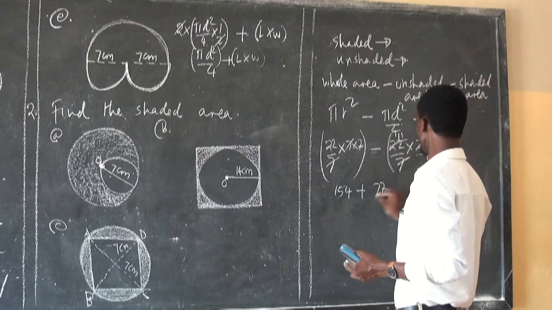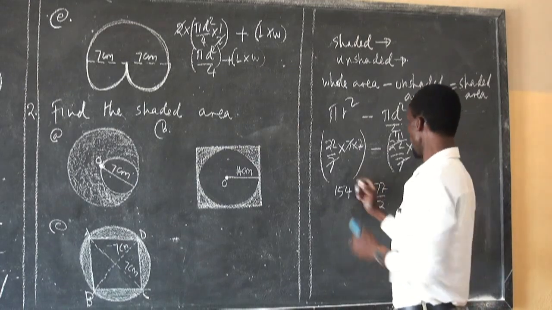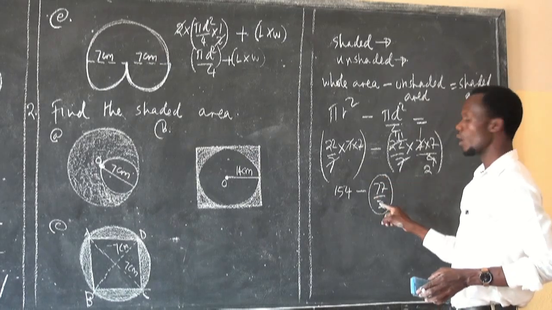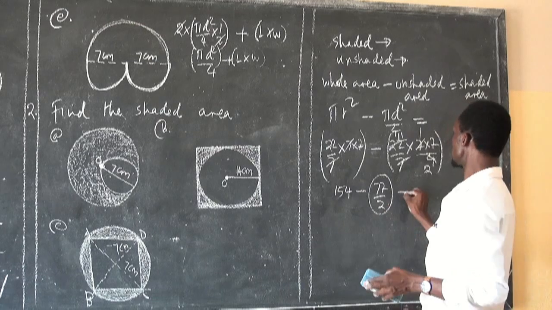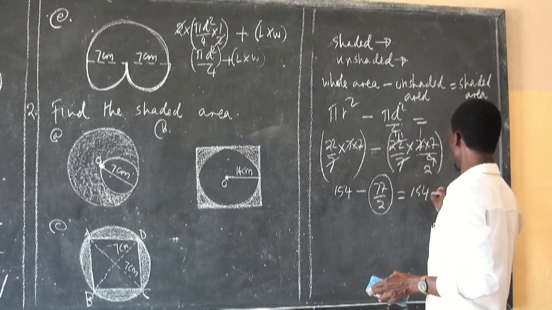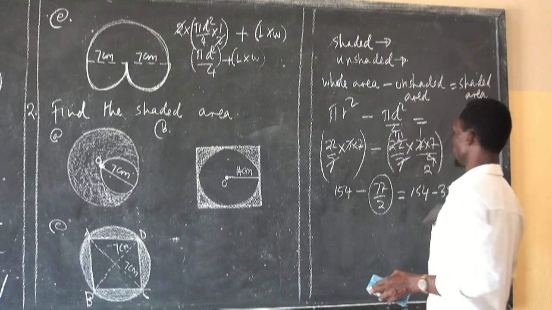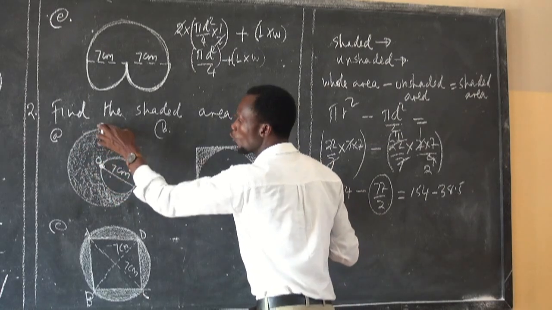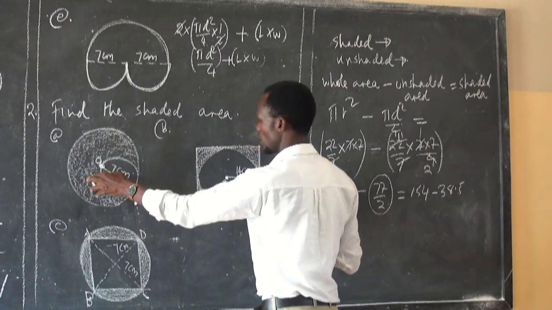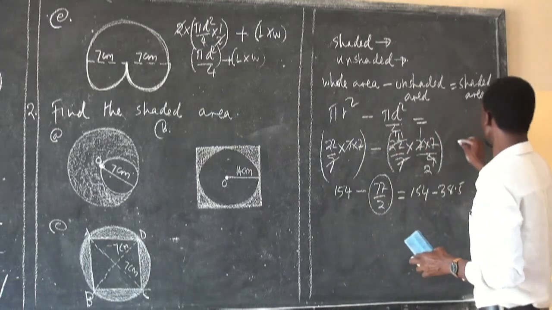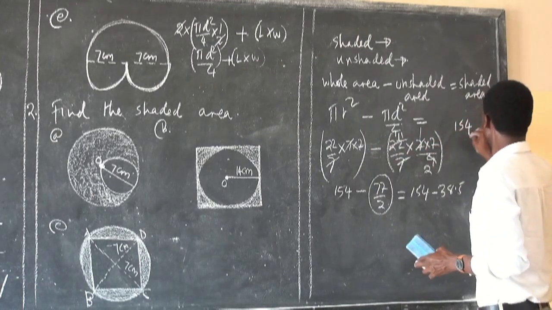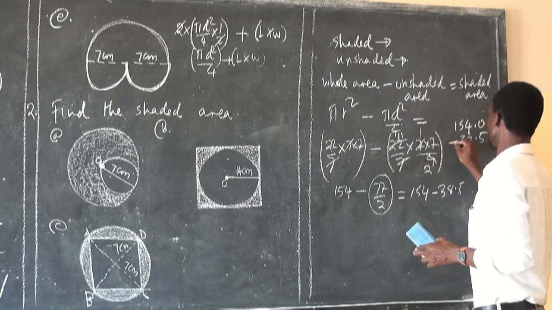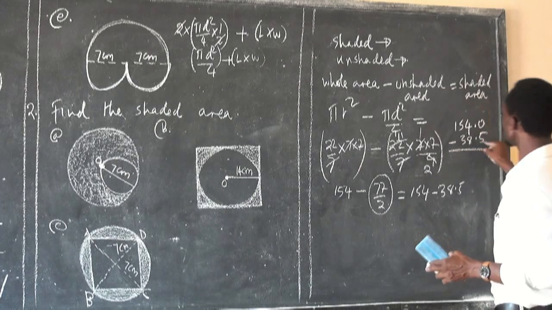Then you have 77 over 2. Not plus, minus, sorry. This is 77 over 2. Now it is equal to 154 minus 38.5, so that you remove the one which is not shaded and remain with the one which is shaded. Therefore, mathematically, you have 154.0 minus 38.5. Then minus 0, this is 5.